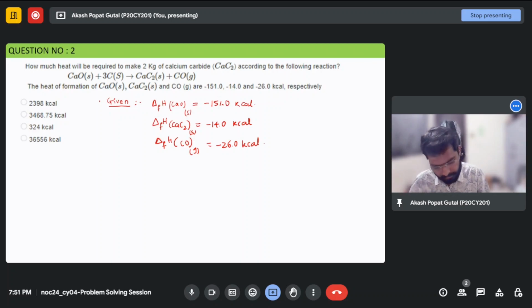So we know delta H of reaction is the summation of delta H formation of products minus the summation of delta H formation of reactants.